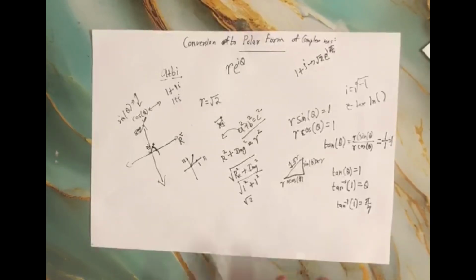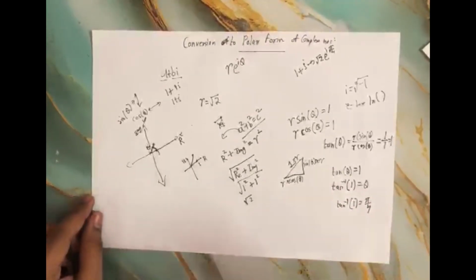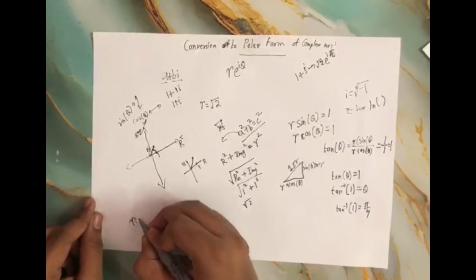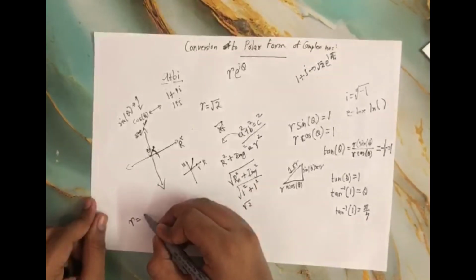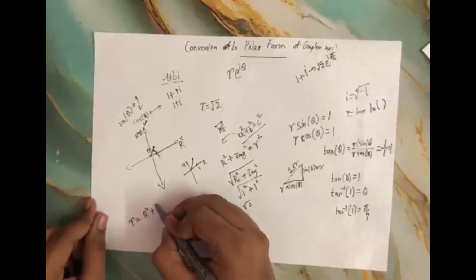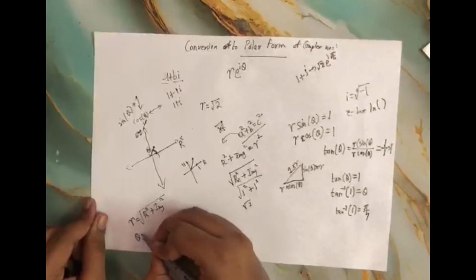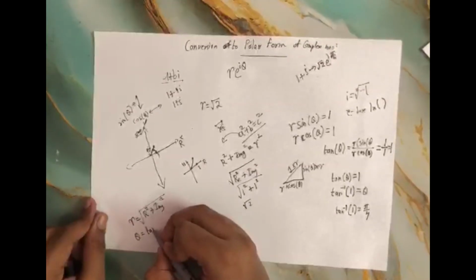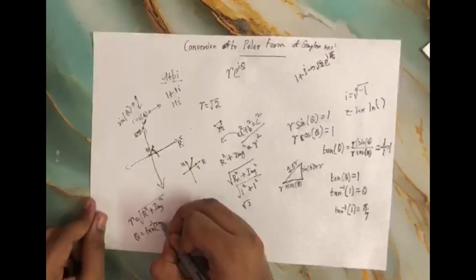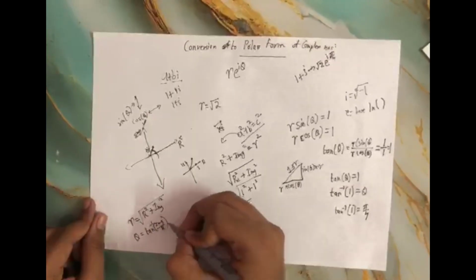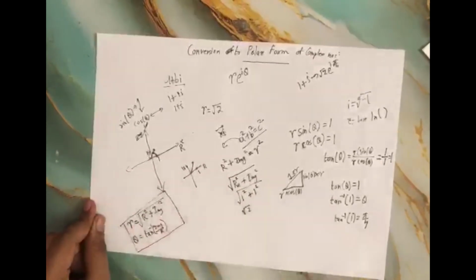Now the final formulas: the modulus is equal to the root of real square plus imaginary square, and theta is equal to tan inverse of imaginary by real. These are the most important formulas for converting.